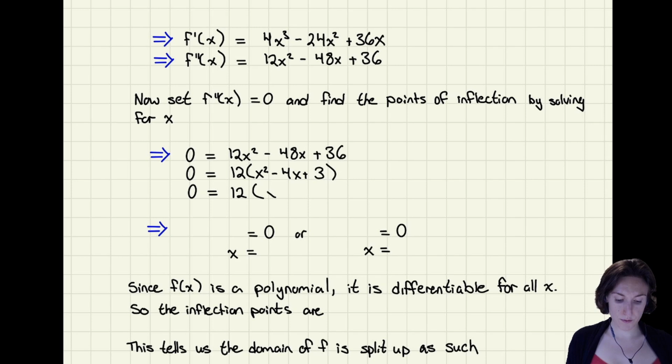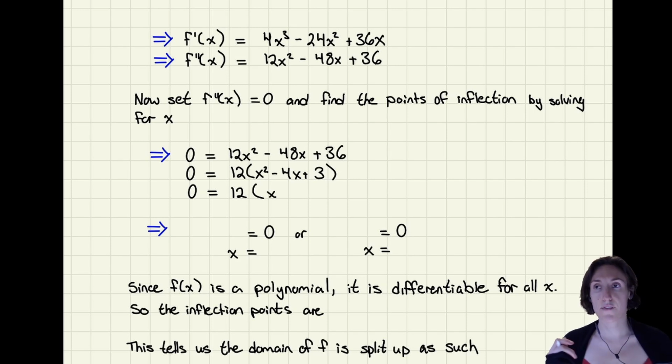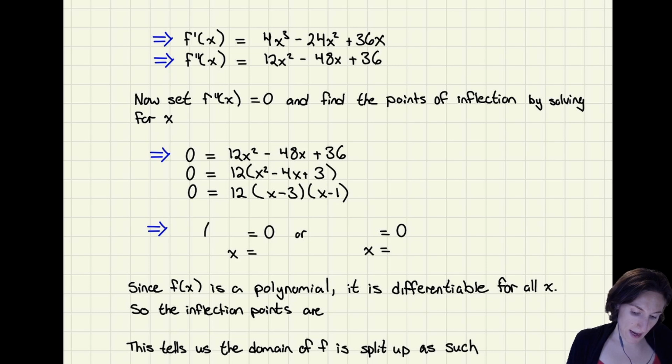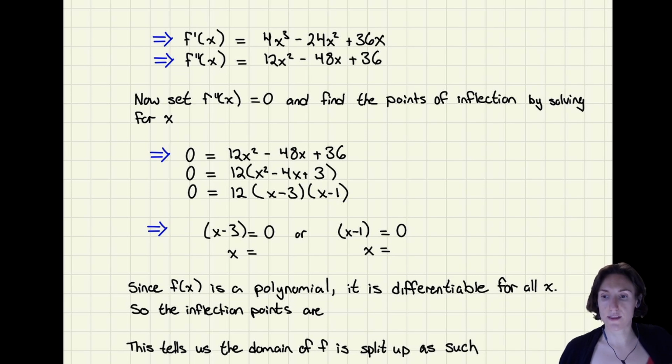But again, when you check whether f double prime is positive or negative, you're going to have that 12 in there. This is going to be (x minus 3)(x minus 1). So either x minus 3 is equal to 0, or x minus 1 is equal to 0. So this gives us x is equal to 3 and x is equal to 1.